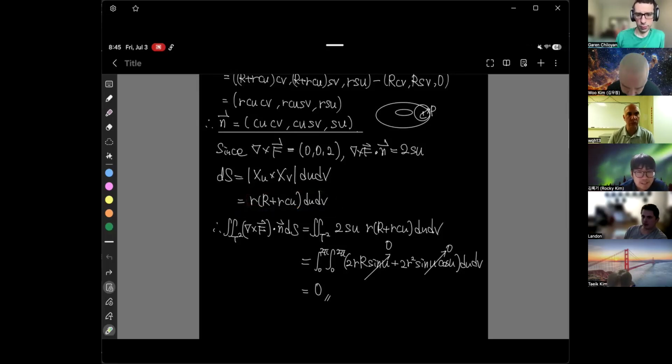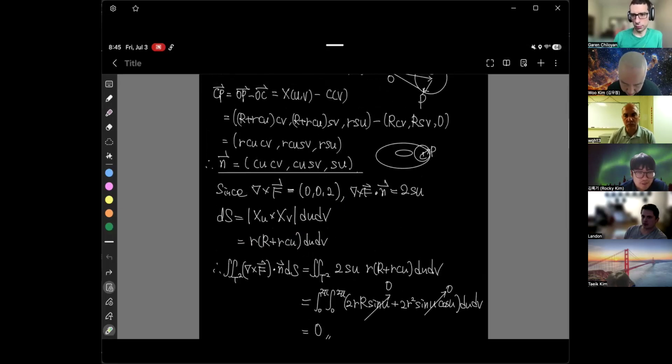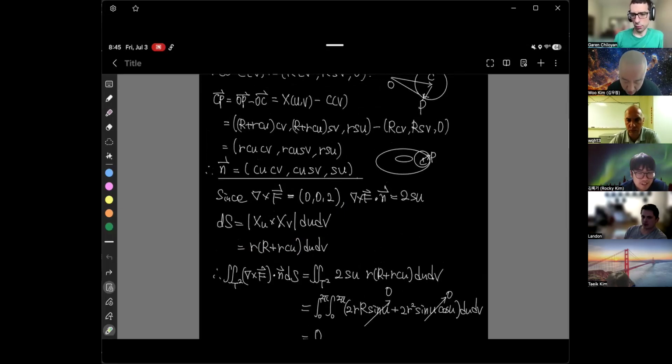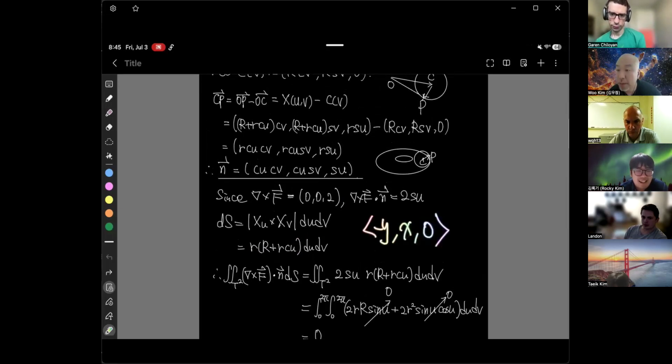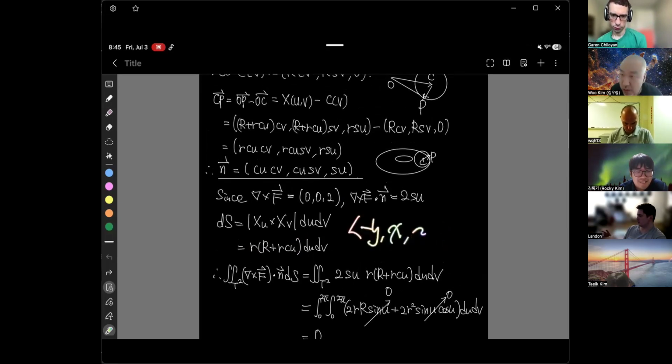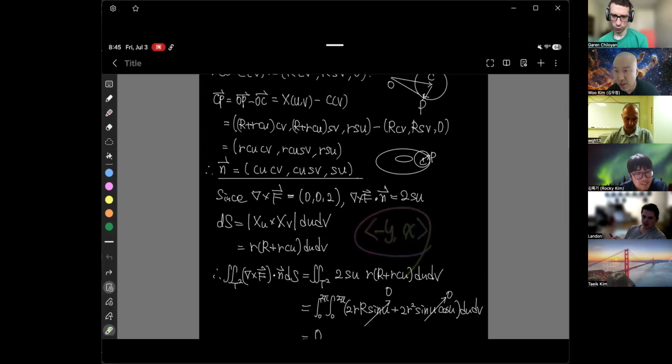I have a question. I missed the definition of the vector field F. Can you just draw it? It was minus y, x, and 0. Yes, we are doing this in the same setting. This was minus y, x at the beginning on the unit circle.